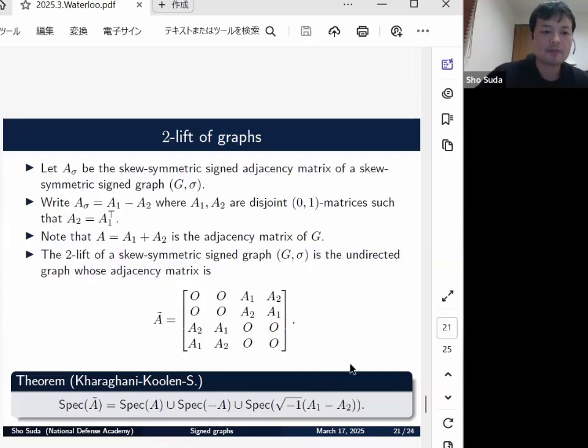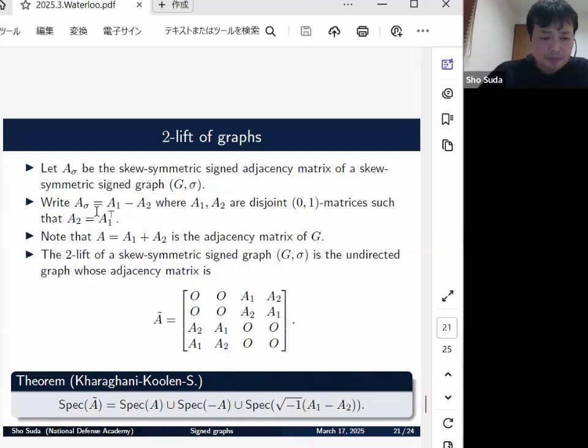Also, we can calculate its spectrum, A tilde, which is written this way. It's just the union of spec of A, spec of negative A, and spec of square root of minus 1 times (A1 minus A2).